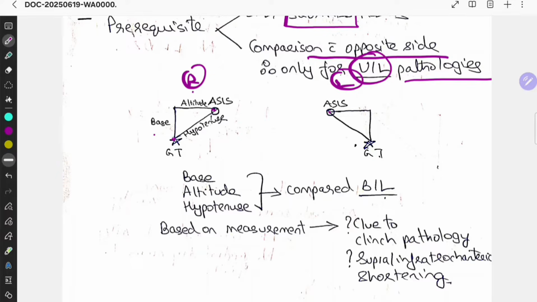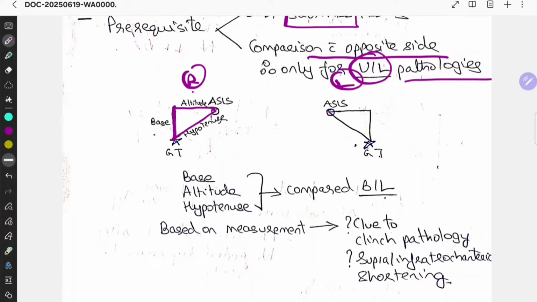Then we join a line between ASIS and greater trochanter. Then we draw a plumb line from the anterior superior iliac spine towards the floor, that is towards the couch. And then we draw a perpendicular line to the plumb line joining the GT. That is what forms the Bryant's triangle.